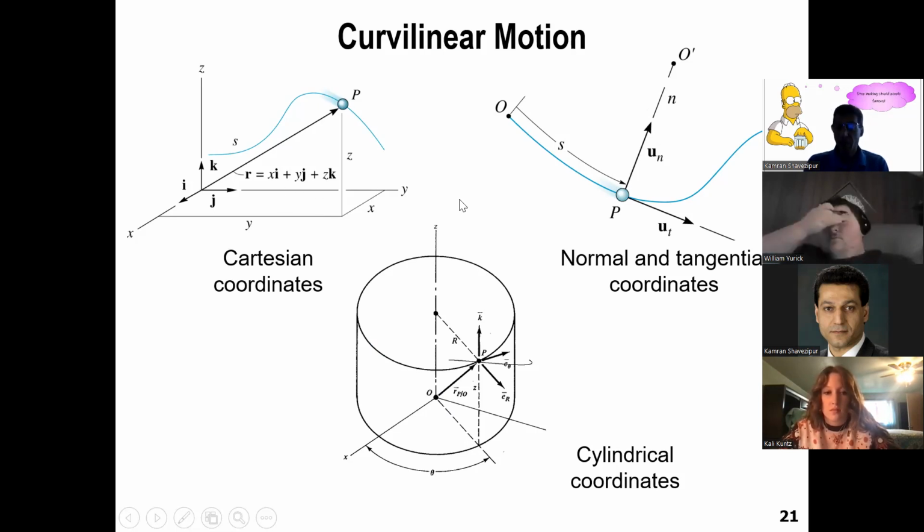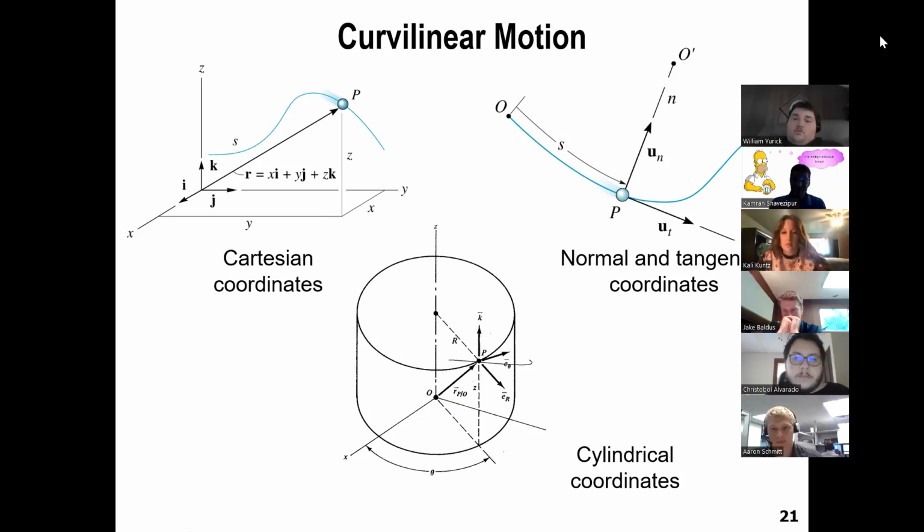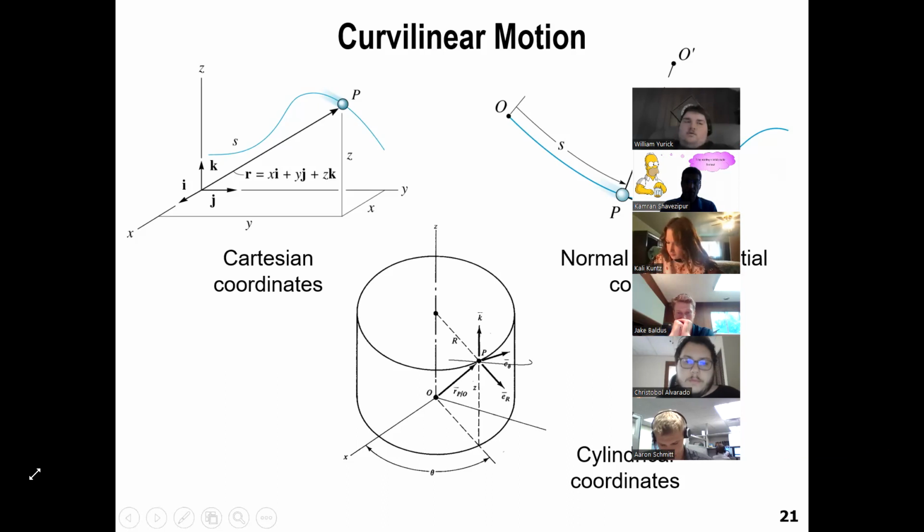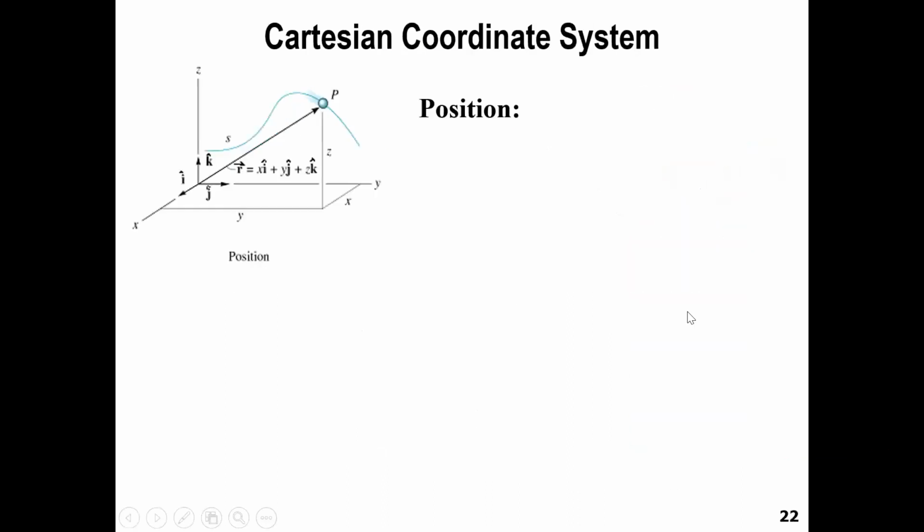You can generalize it into 3D, but remember, everything we discuss in this course is going to be 2D motion, which means motion in a plane, right? So for the motion in a plane, you don't need the Z or the third dimension. It could be like X and Y, R and theta, or N and T, as you see here.